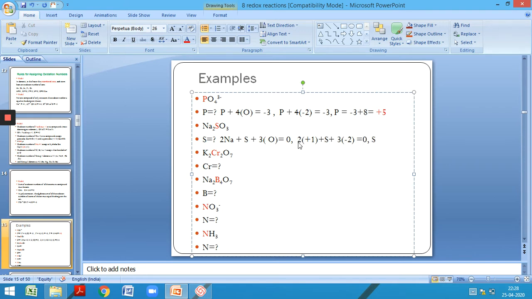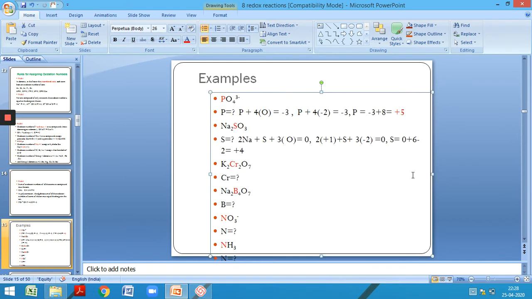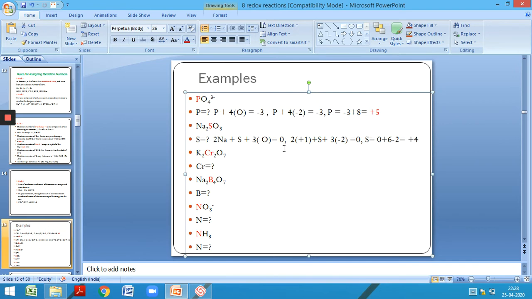So the oxidation number of sulfur is 0 plus 6 minus 2, which is equal to +4. So the oxidation number of sulfur in sodium sulfite comes out to be +4.